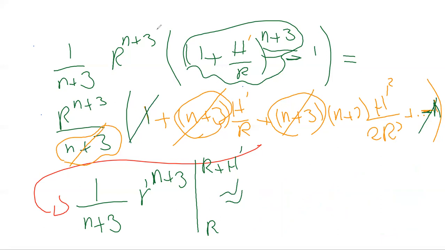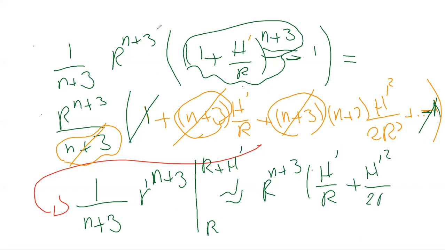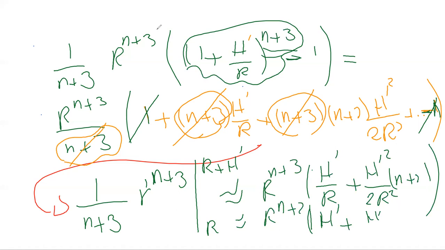Then I can say that, okay, it will be R^(n+3) times h prime over R plus h prime squared over 2R squared times (n+2), or R^(n+2) multiplied by h prime plus (n+2) h prime squared over 2R.